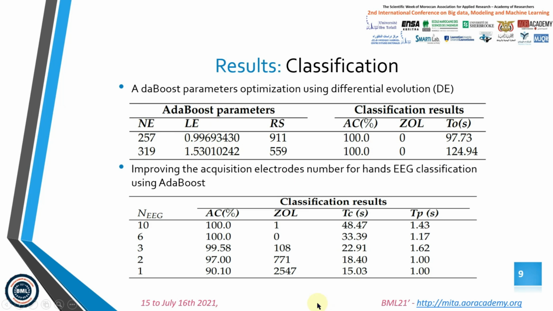So for classification we can use the first combination. The classification results show we use a number of EEG channels higher than 6. We can see that the accuracy value is on the order of 100%, and when using just 3 or 2 or 1 channel, we can see the accuracy decrease to 99 and 97 and 90%.